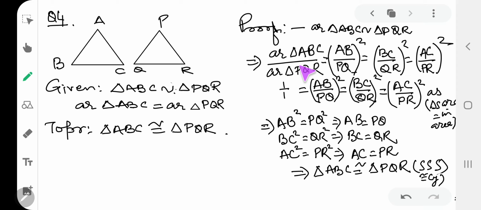This you must remember. We have taken the ratio of their corresponding sides, that is AB by PQ, BC by QR and AC by PR, and we have to take its square as we are taking the area of these similar triangles.